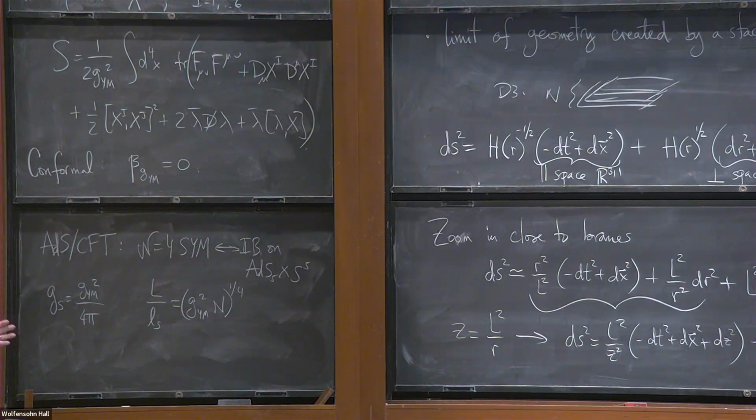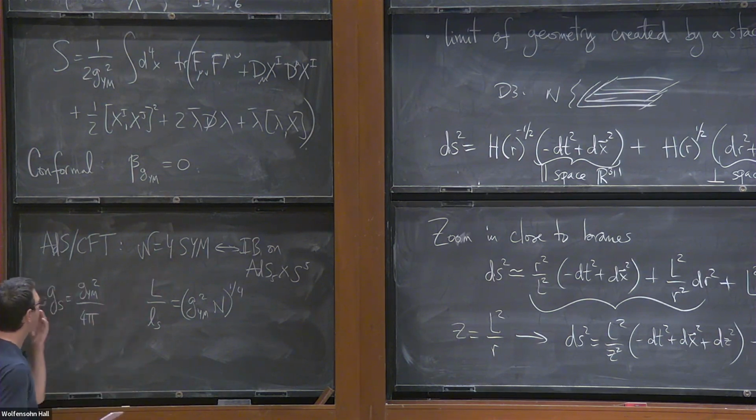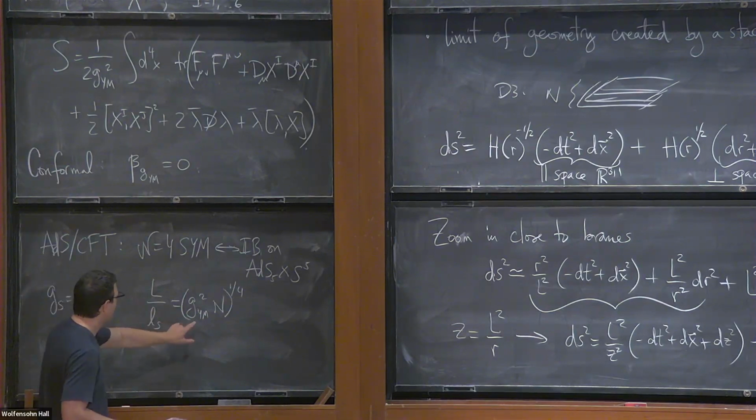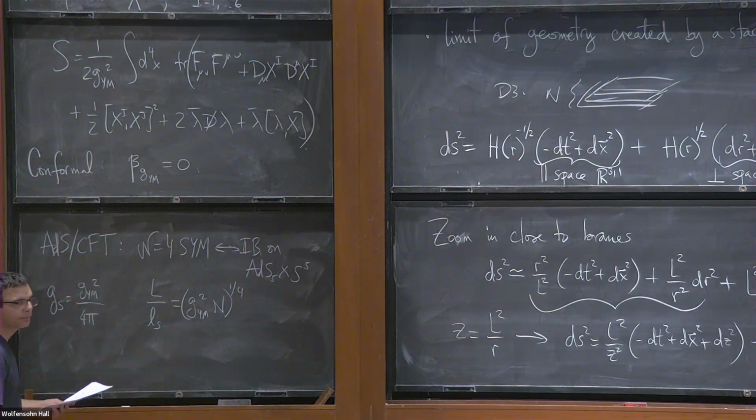In which limit is this duality useful, where we can use supergravity in the bulk? Well, in the limit where the space is weakly curved, so that means N is bigger than 1. And if we want the strings to be small, much smaller than the size of the space, then we also want g_YM squared times N, which is the 't Hooft coupling, to be much bigger than 1.